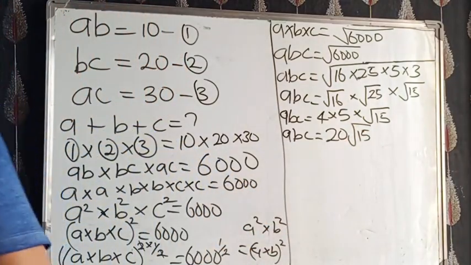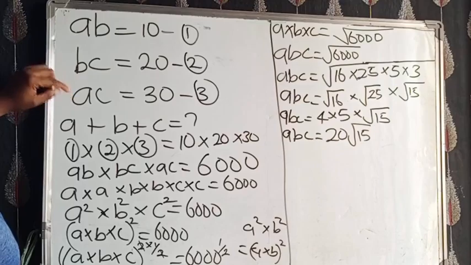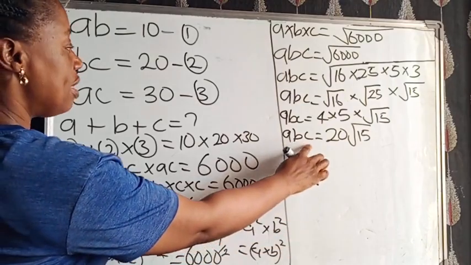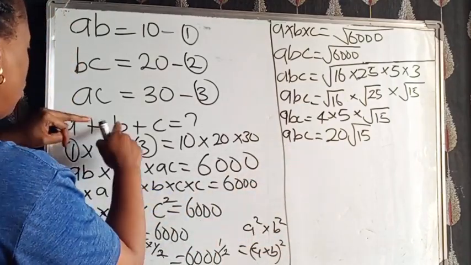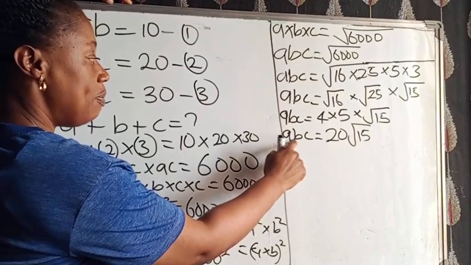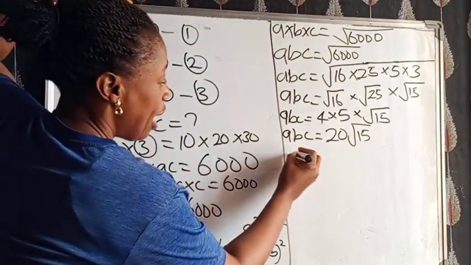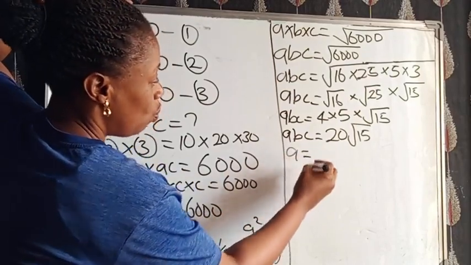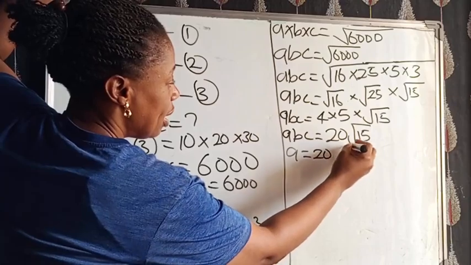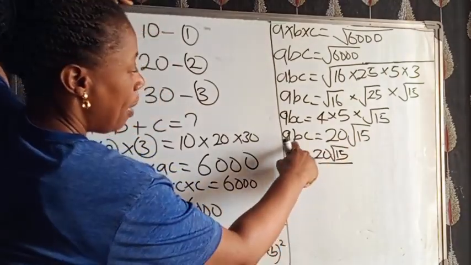So let's continue. So now we are given AB, BC, AC. Now we have found ABC, and the question says we should find A plus B plus C. Now let's make each of them the subject of the formula here. So A here will be equal to 20 root 15 all over BC.